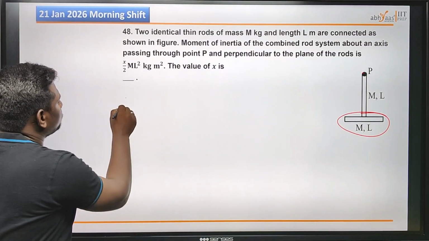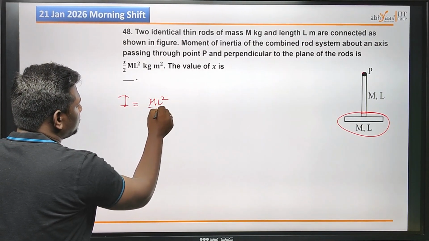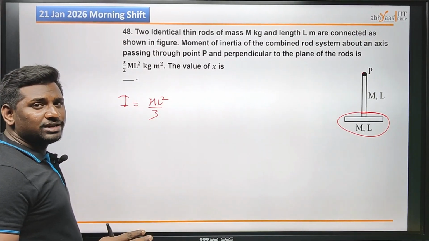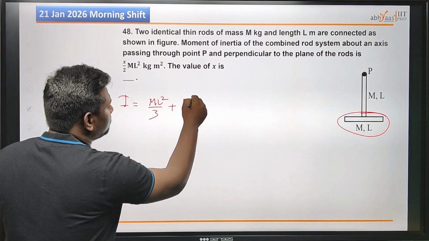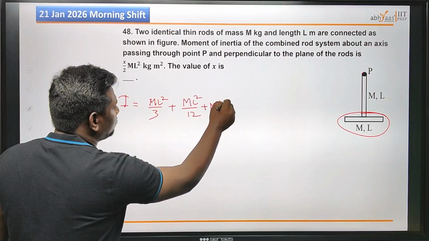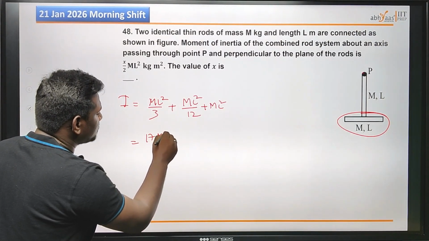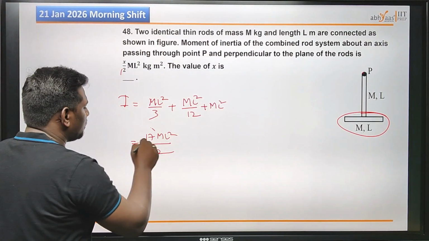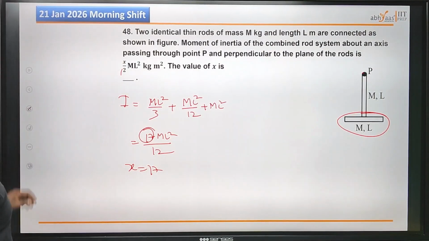That is nothing but a total moment of inertia, ml square by 3 down one. So next one, it is passing through the edge. So you can simply write it as ml square by 12 plus ml square. If you simplify this one, you will get 17 ml square by 12. So the value of x is nothing but 17.